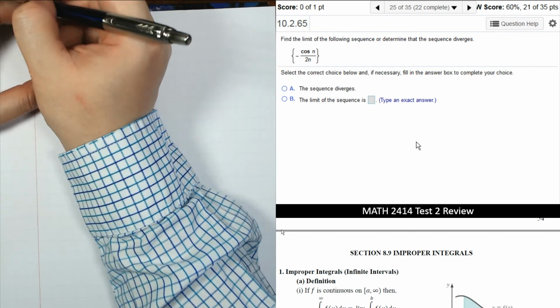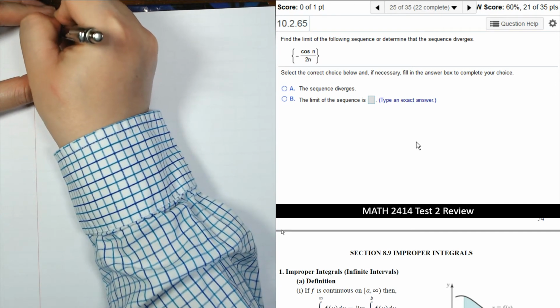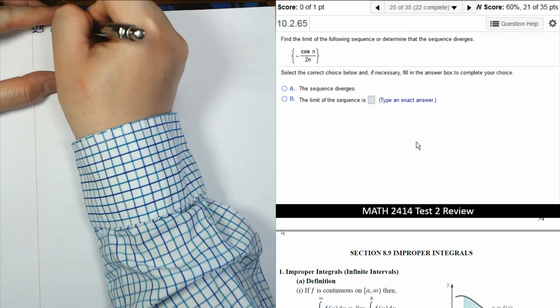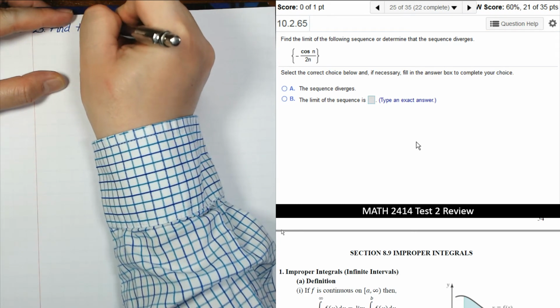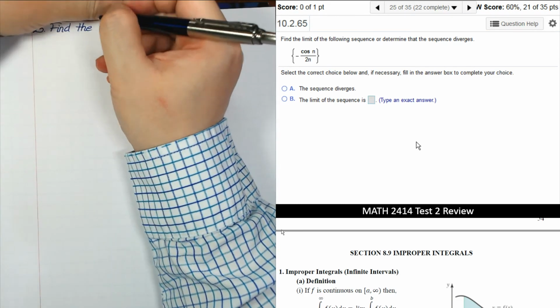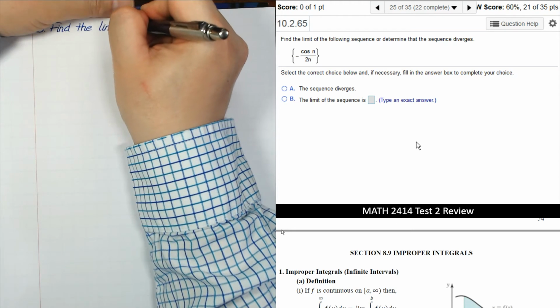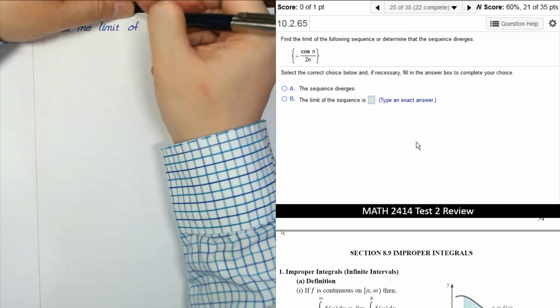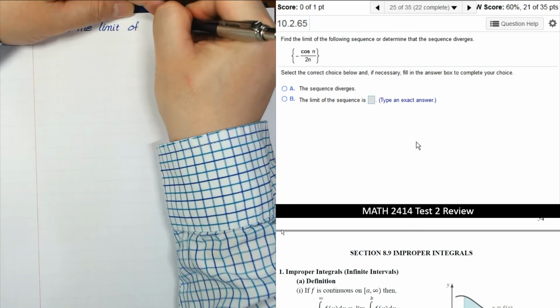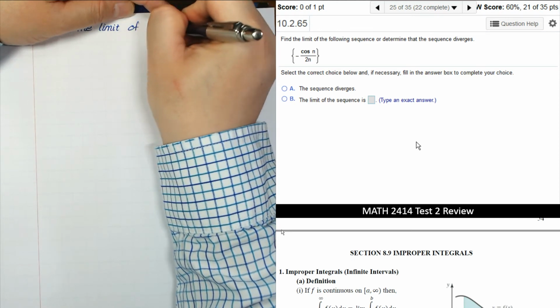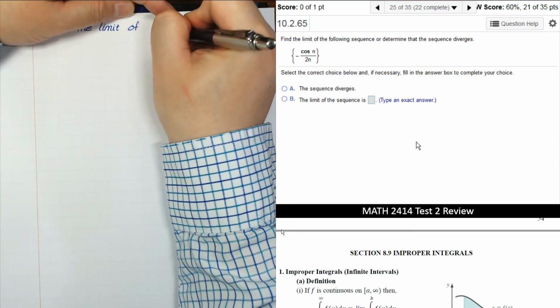Also find the limit of the sequence negative cosine of n over 2n.